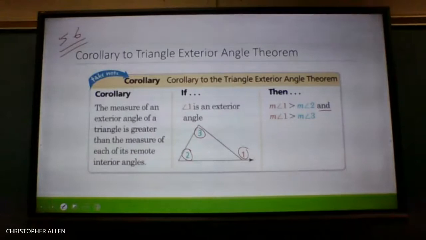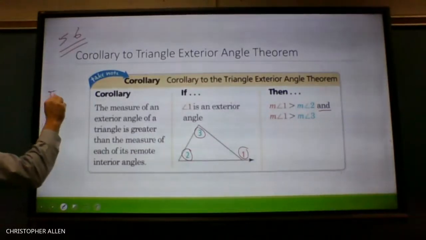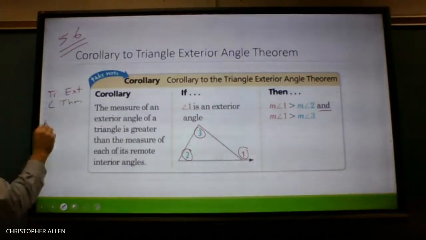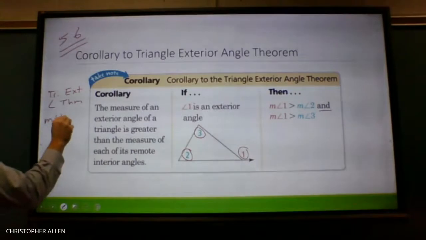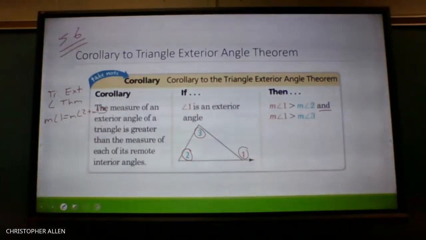That should make sense, because if you recall, the triangle exterior angle theorem says that the measure of angle 1 is equal to the measure of angle 2 plus the measure of angle 3. That's all the way back, I believe, from chapter 2.